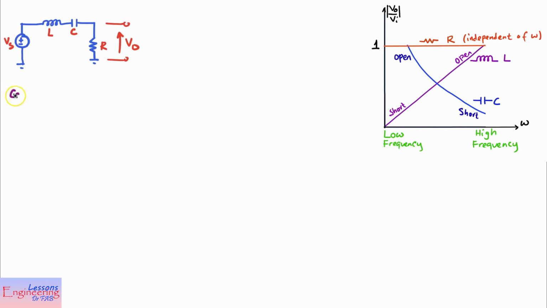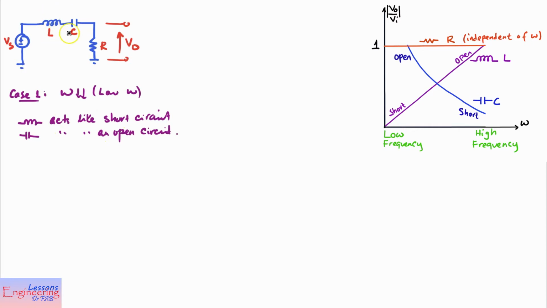Let's consider case 1: what happens at low frequencies. At low frequency, the inductor acts like a short circuit. But the capacitor, as we know, at low frequencies acts like an open circuit.